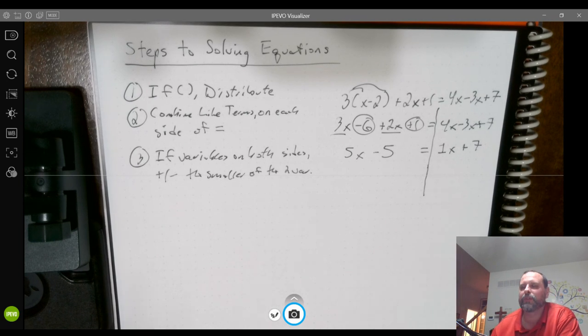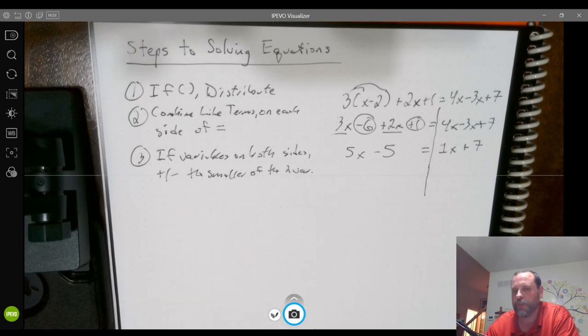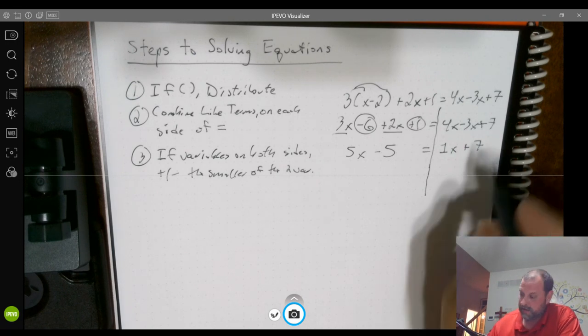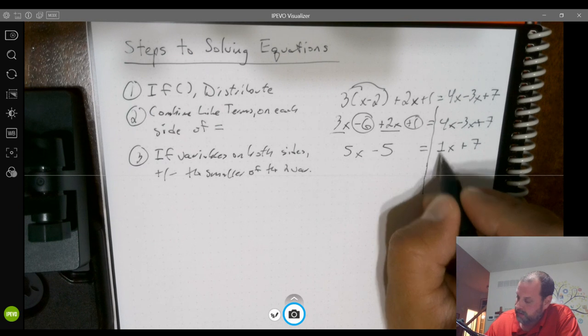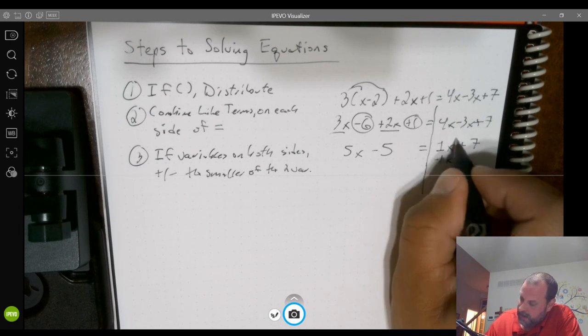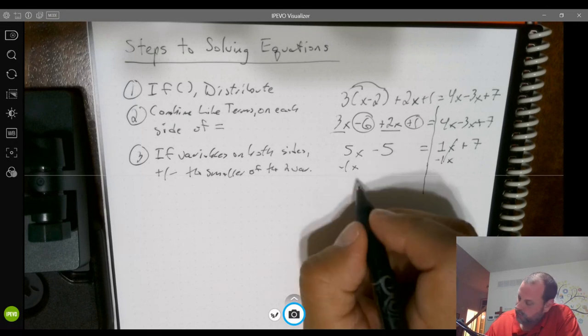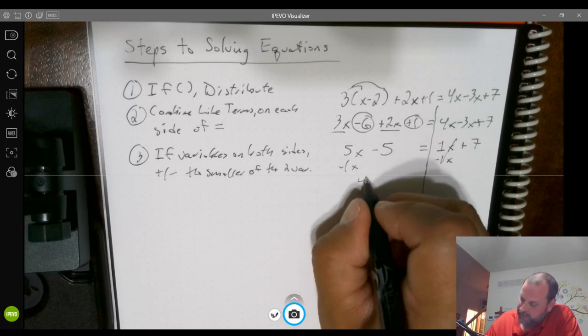The reason I do the smaller one: could you move 5x over? Sure, but you're going to get a negative. I'm trying to avoid negatives. My process is to eliminate as many mistakes as I can. Since we always do the opposite, this is positive 1x, so I want to subtract 1x from both sides. 5x minus 1x is 4x.